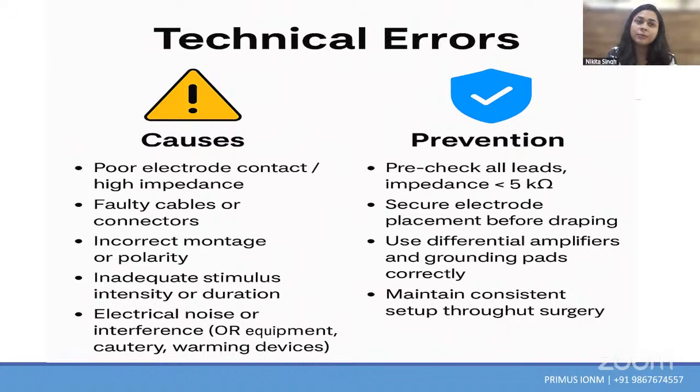It should be less than 5 kilo ohms. Secure the electrodes with micropore or any adhesive tape so that they don't come out and there are no loose connections. Use differential amplifier and grounding pads correctly so that we can get a proper response, and maintain a consistent setup throughout the surgery. The setup should not be moved here and there throughout the surgery.